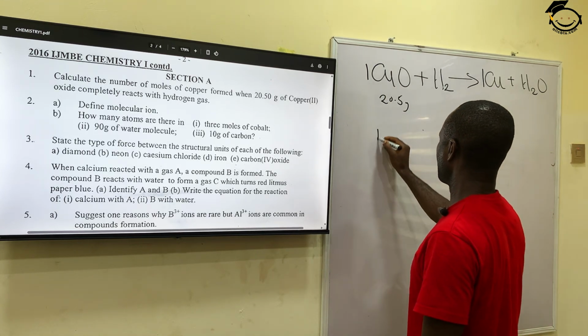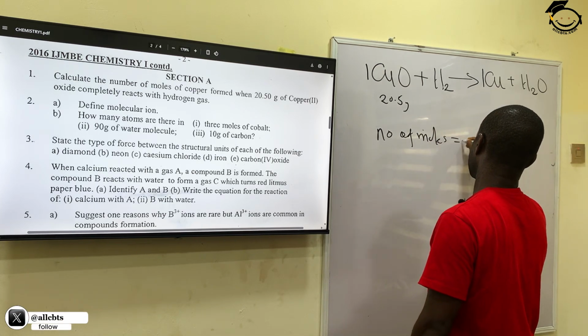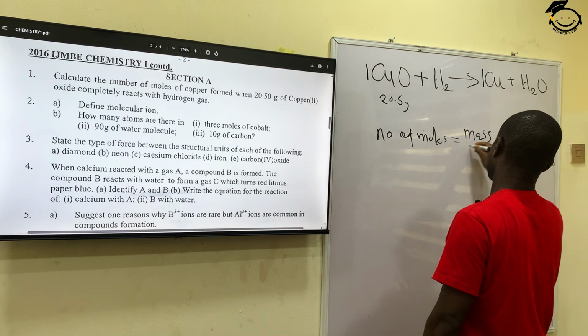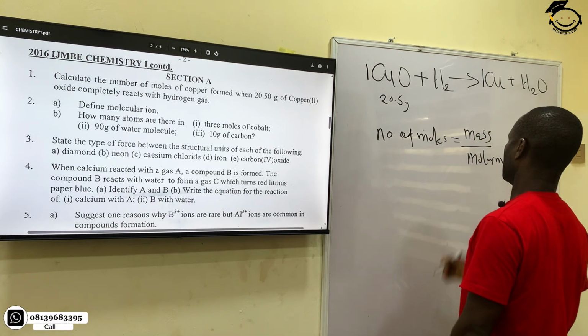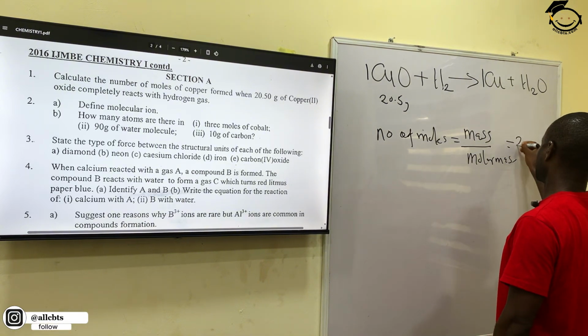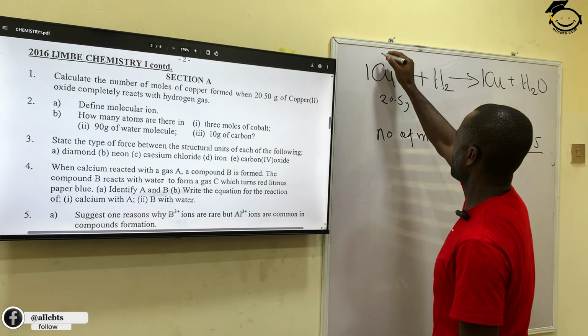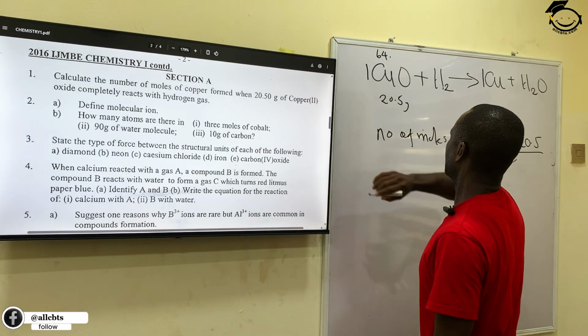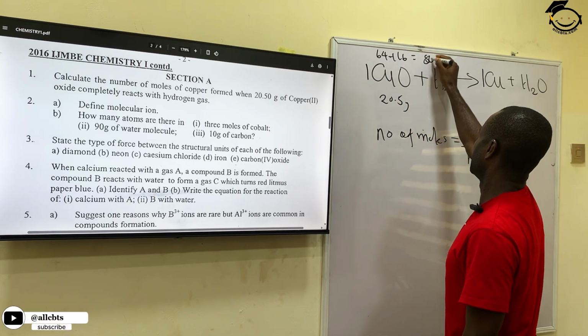So the same number of moles of copper(II) oxide will be equivalent to the number of moles of copper. In this way, the number of moles can be calculated as number of moles equals mass over molar mass. The mass has been given to us as 20.5, while the molar mass of copper(II) oxide: copper is 64, oxygen is 16, so everything is 80 grams.